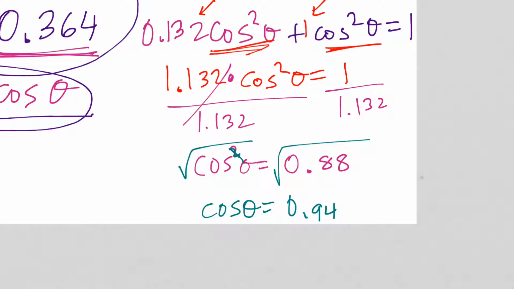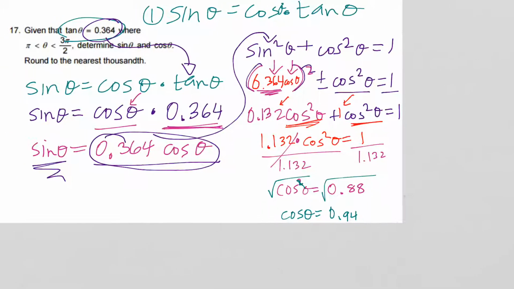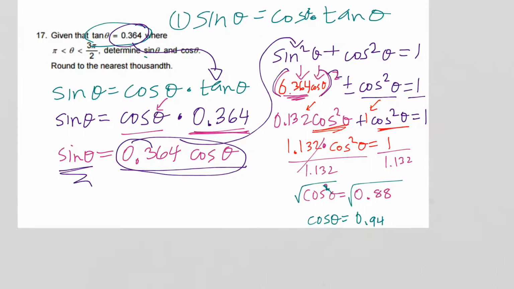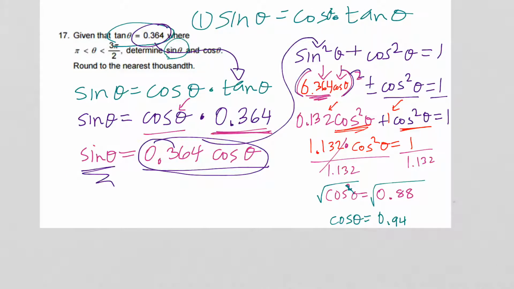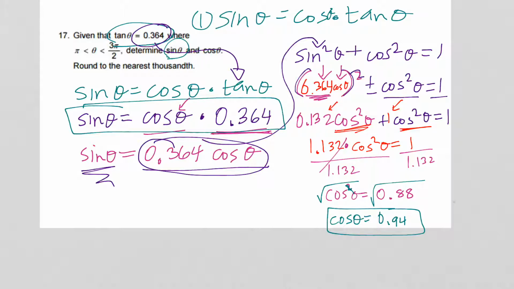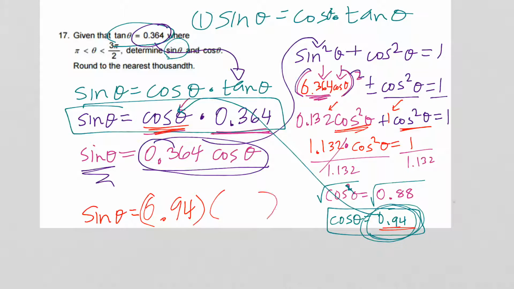So I rounded. Now this question is also asking us to find sine theta. So since I know cosine theta, I'm going to go back here and I'm going to substitute 0.94 in for cosine. So now I have sine theta is equal to cosine theta, which is 0.94, times this value here, 0.364.